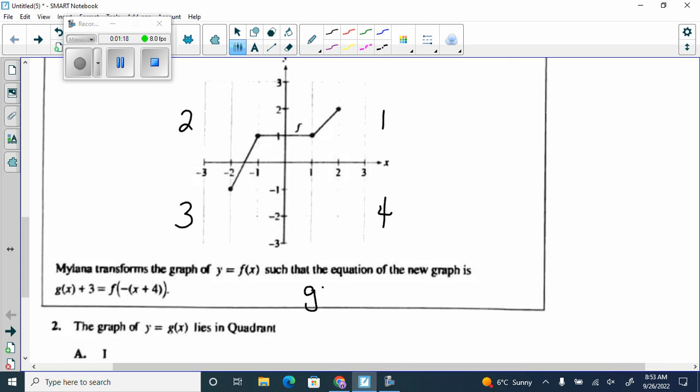So we're going to have g of x equals f of minus x plus 4 bracket minus 3. If you write too fast, it connects the things.